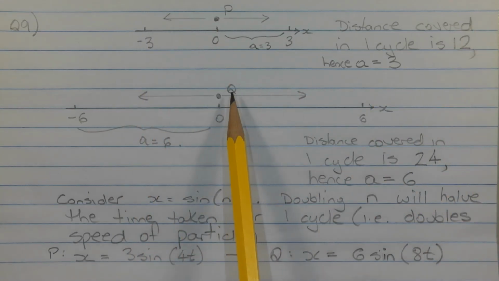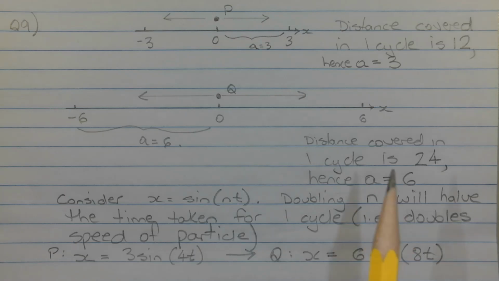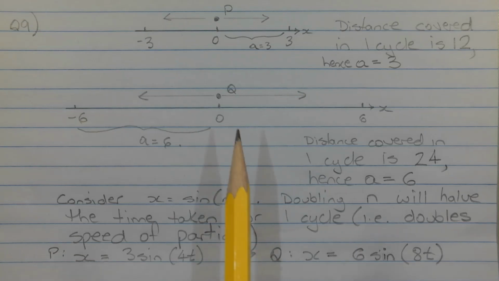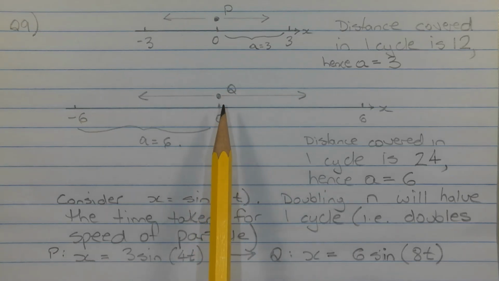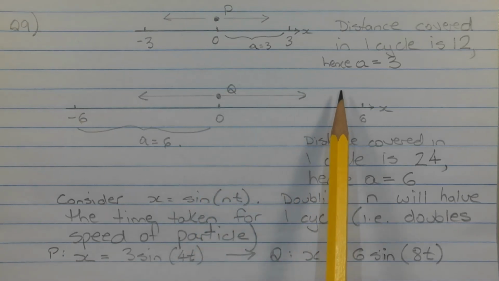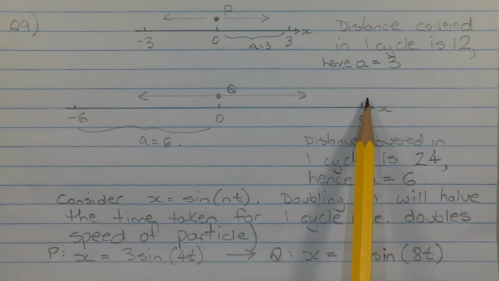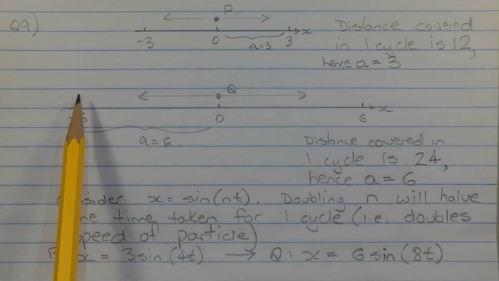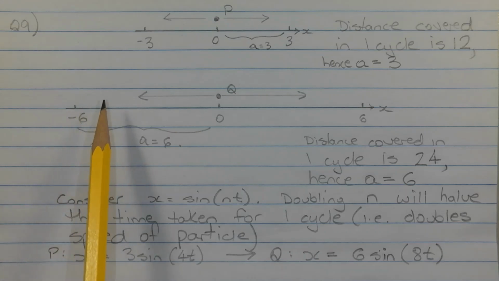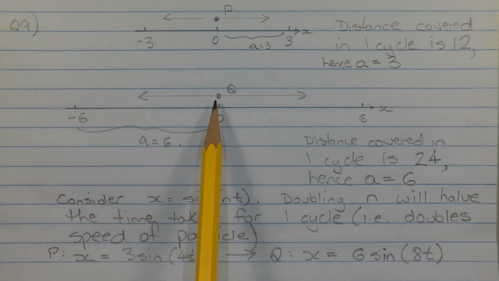Let's consider particle Q. Now the distance is doubled. This implies that the amplitude is doubled. But let's check this. So starting at the origin, the particle moves to x equals +6, so that's 6 units. Then it moves back 12 units until it gets to x equals -6, and then it moves back to the origin 6 units until it gets back to 0.